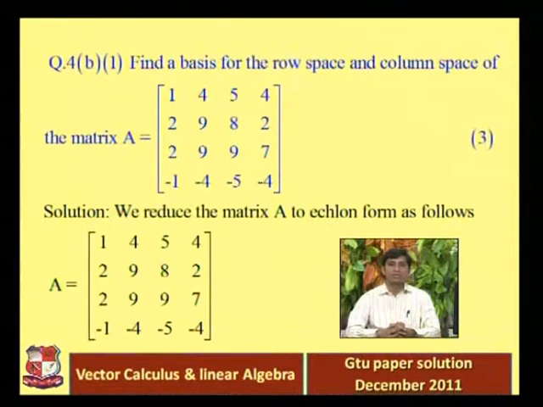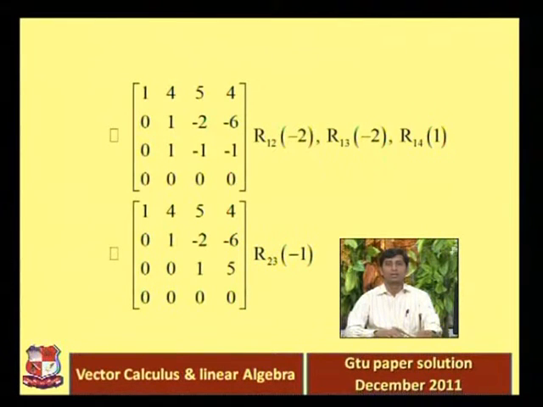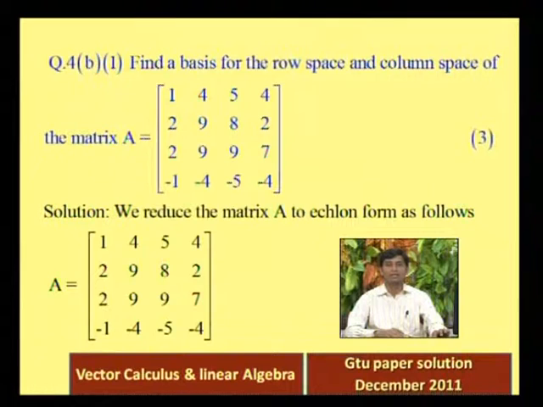So here is the first process. We multiply the first row with -2 and add into the second row. We multiply the first row with -2 and add into the third row, and we multiply the first row with 1 and add into the fourth row in this given matrix. So what happened now, you can see on the screen, the first row is as it is.